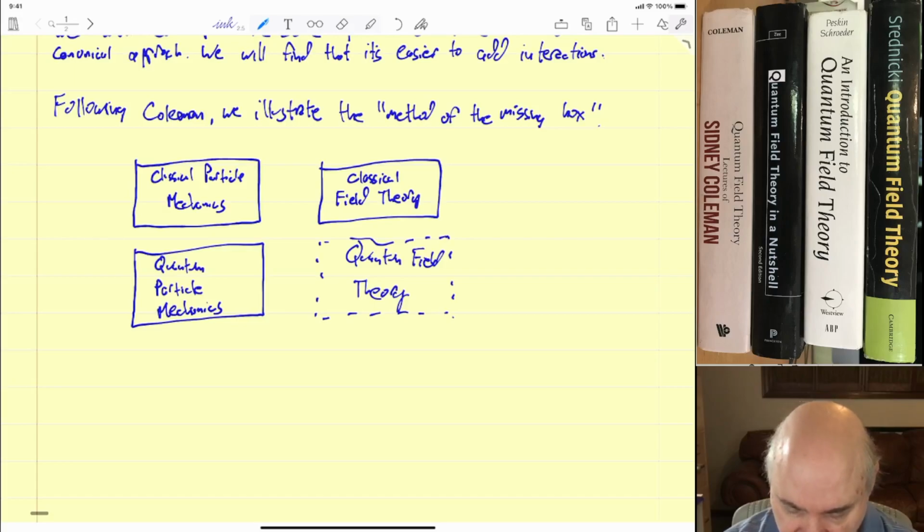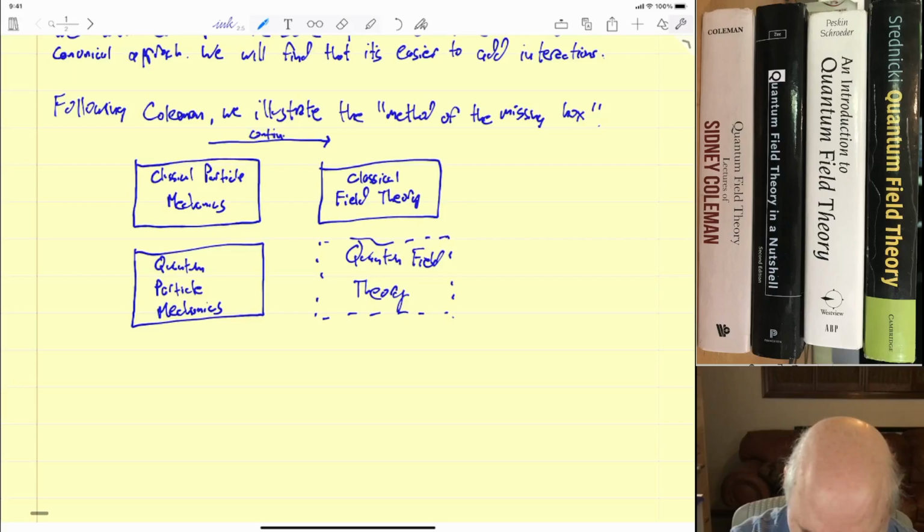And then we could go this way, or we could go this way. When we go this way, we're taking the continuum limit. When we go this way, we're doing what's called canonical quantization.